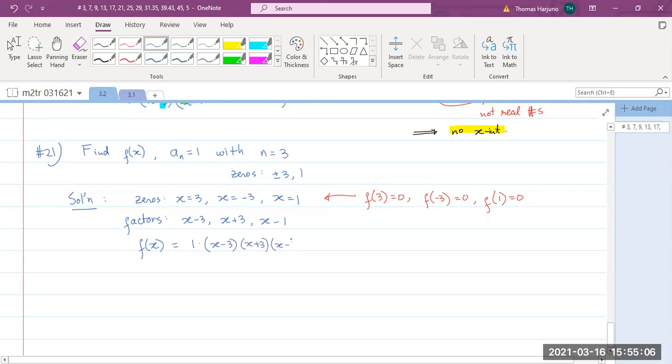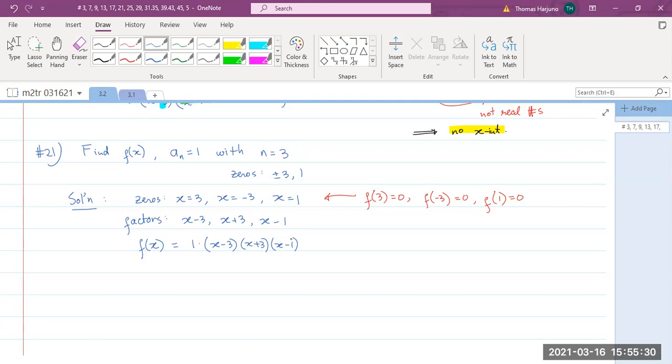So you see how we build that function back using the zeros. Once you tell me the zeros are 3, negative 3, and 1, can I give you a polynomial that satisfies those zeros? Okay, if you give me the zeros, implicitly you tell me the factors.